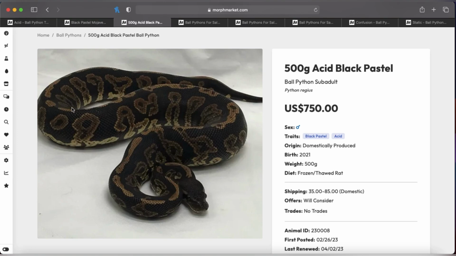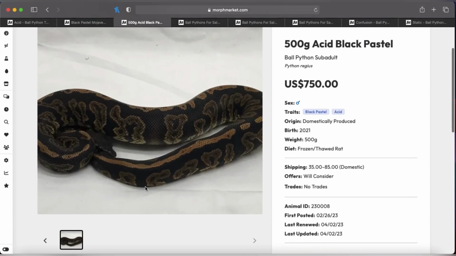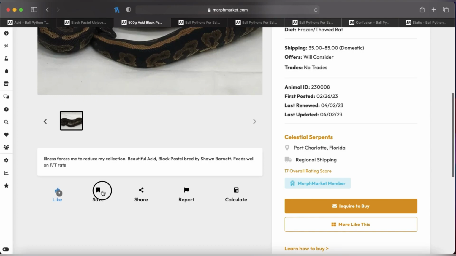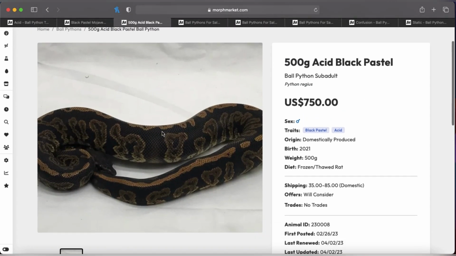So black pastel is going to have generally more regular alien heads, and so you see they're not connected like they were in a regular acid. But acid really just busts up that pattern in this little guy. So really nice animal. We'll go ahead and like that guy and save it to our animals that we're saving for later to look at.